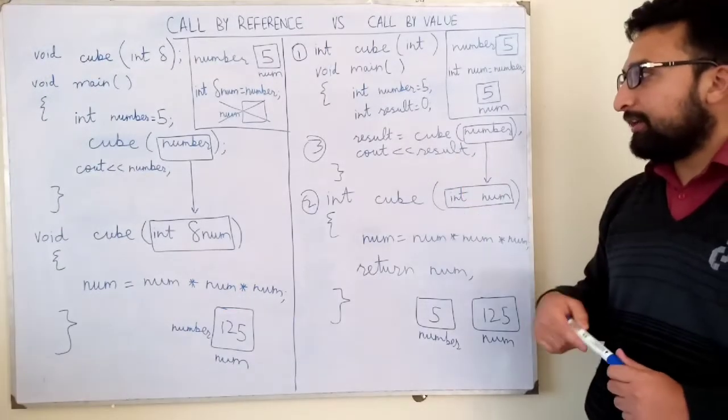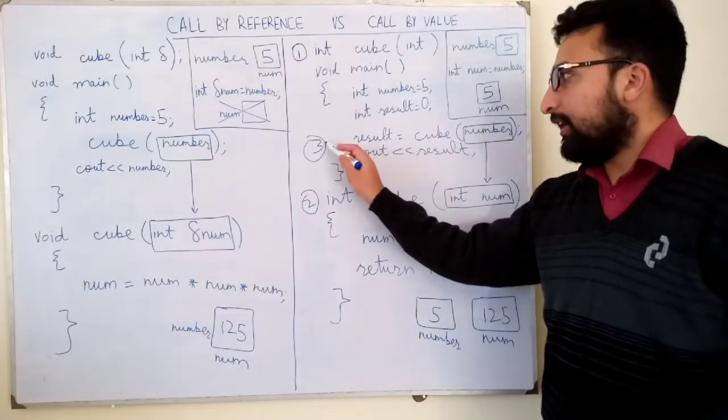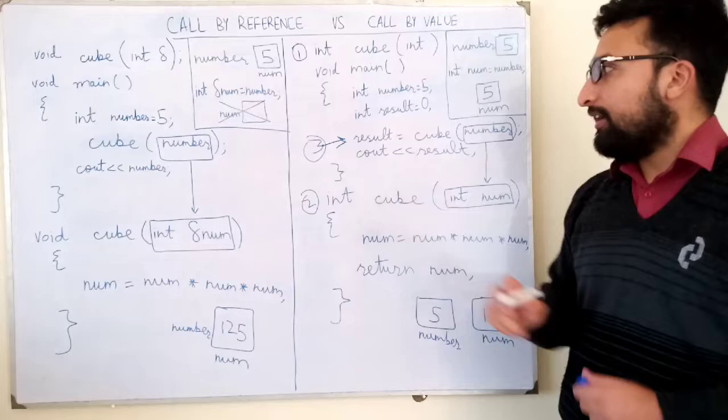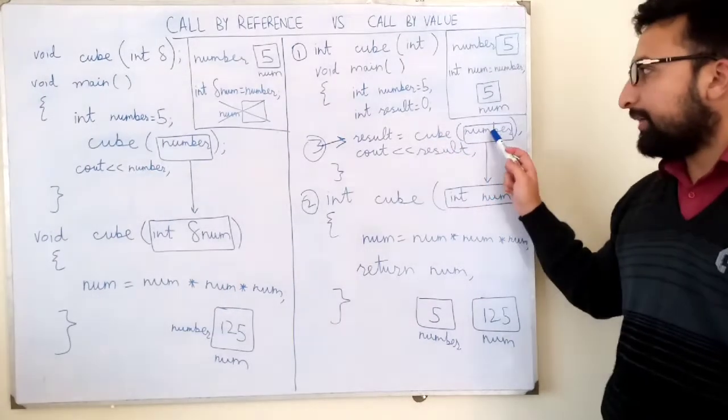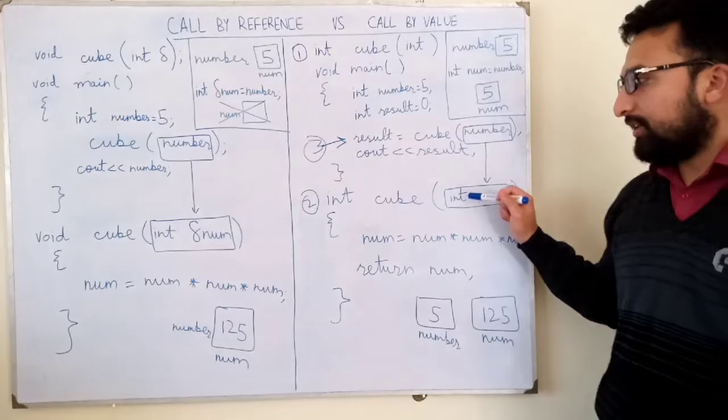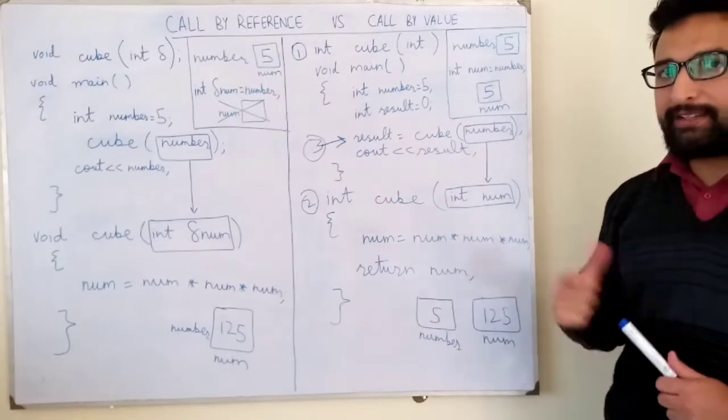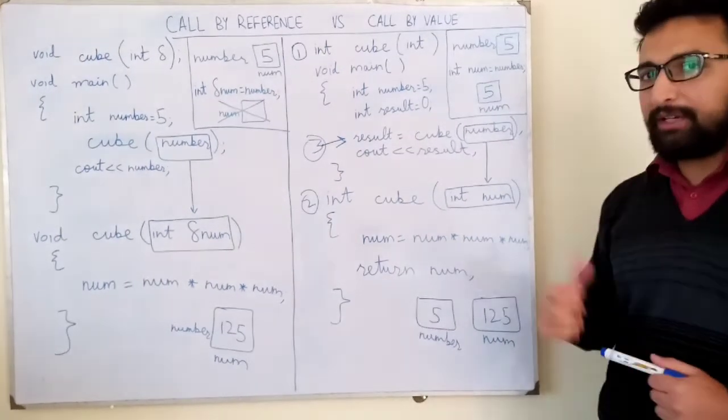So the important thing here is to look at how the function call takes place. The function is called by its name, and the argument number is sent to the function where it is received in another variable, named num.